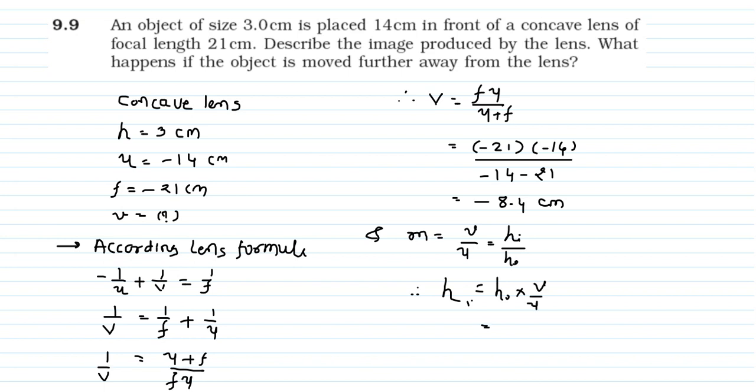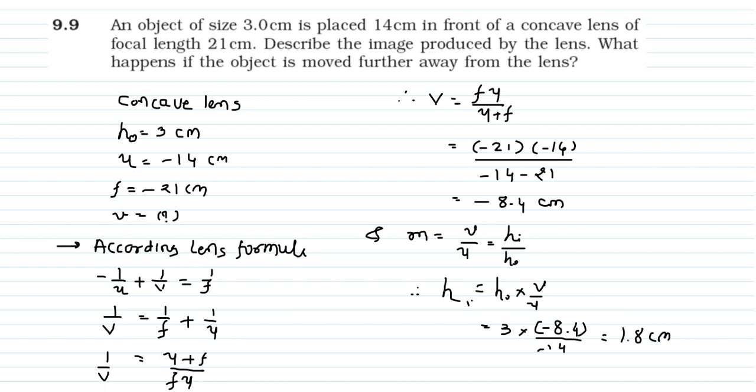What is the height of the object? So here the height of the object is 3 centimeter. What is v? v is equal to minus 8.4, and u is equal to minus 14. So when you solve this, then hi is equal to 1.8 centimeter, right.